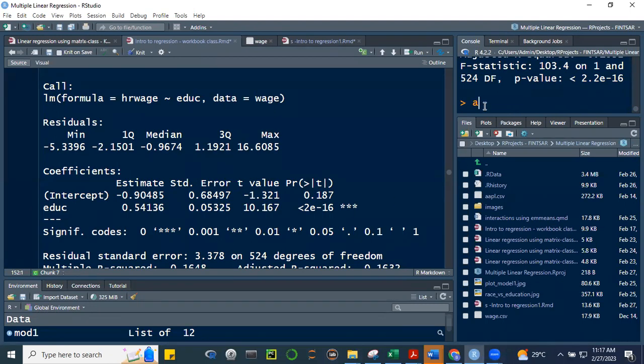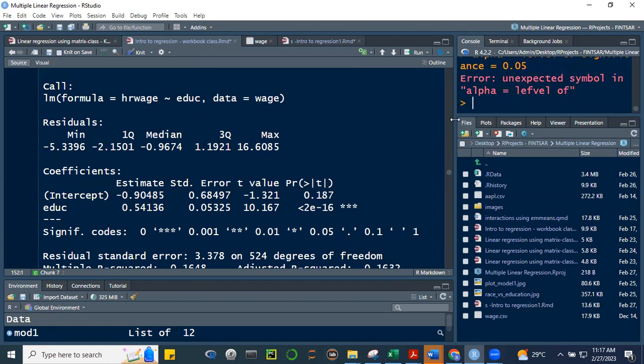So let me just write that, alpha, which is your level of significance, right? And usually what's used is 0.05.